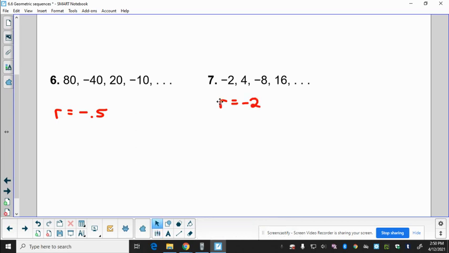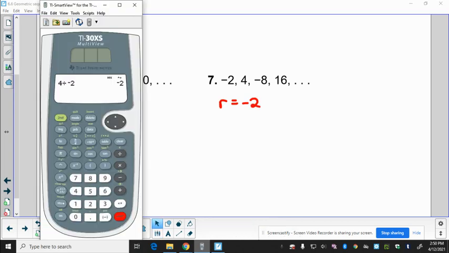Use that with the calculator to come up with all the terms of the sequence. So start with negative 2 and multiply that by the common ratio. Let's see if we get the numbers in the sequence. There's 4, there's negative 8, 16. All right, here we go. Next three: negative 32, 64, and negative 128. And there is our lesson.